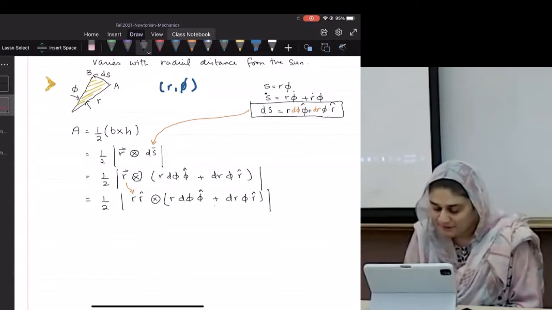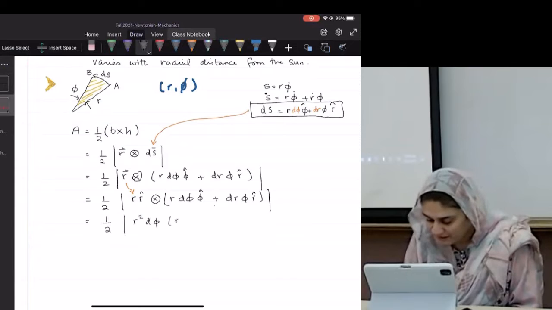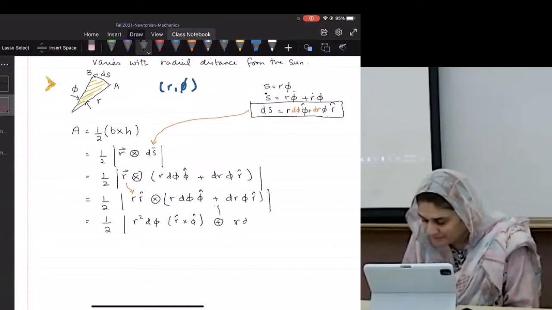What will I get? Fix me if I go wrong somewhere. r squared dφ r hat cross φ hat, plus this, plus r dr φ r hat cross r hat.